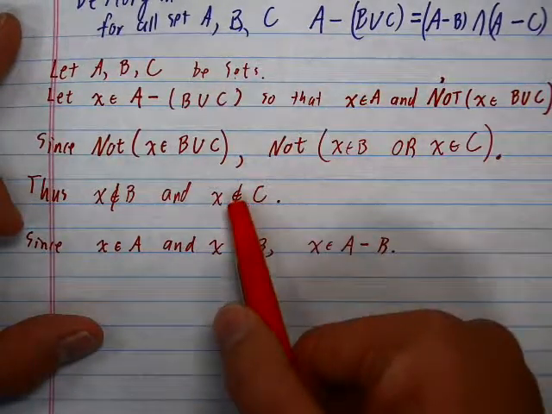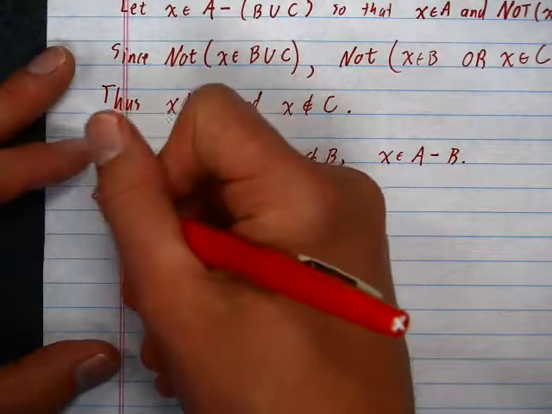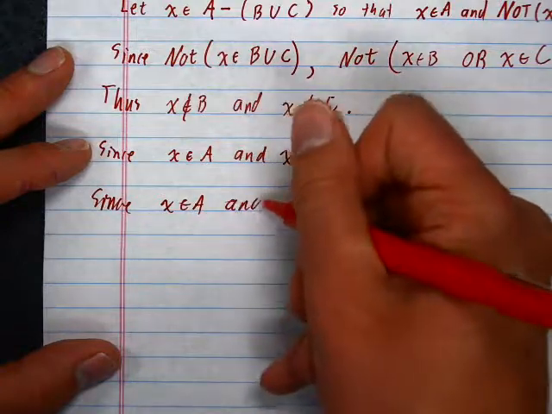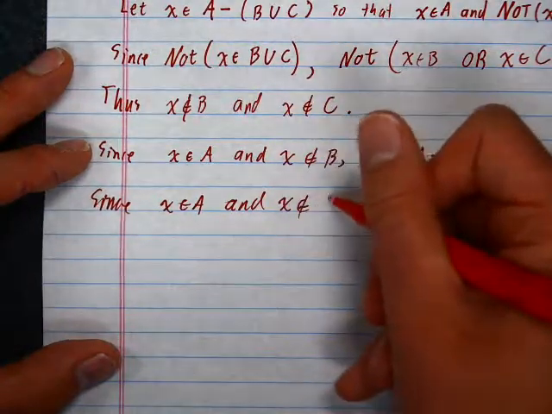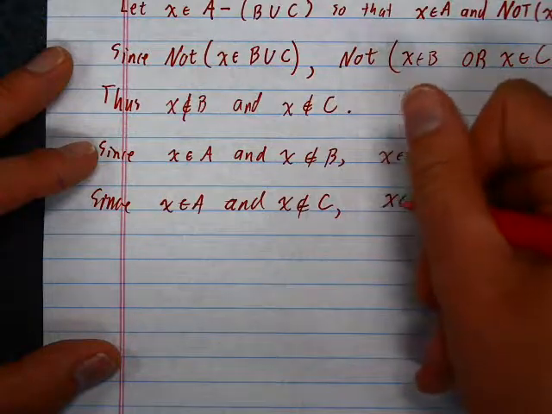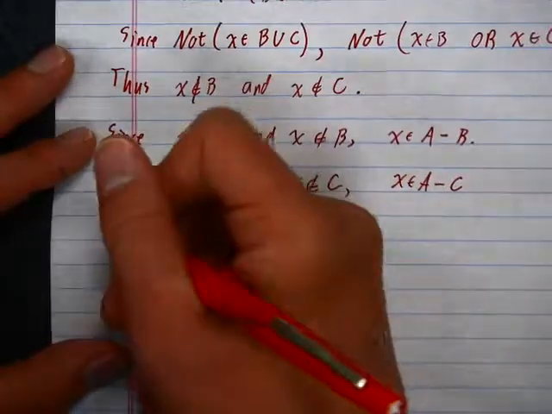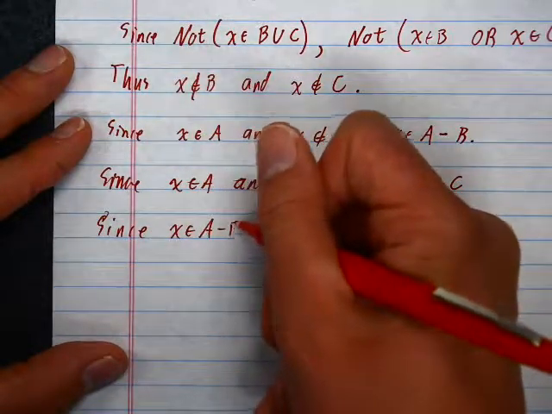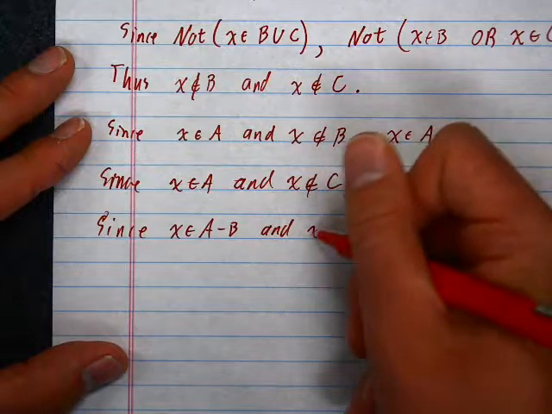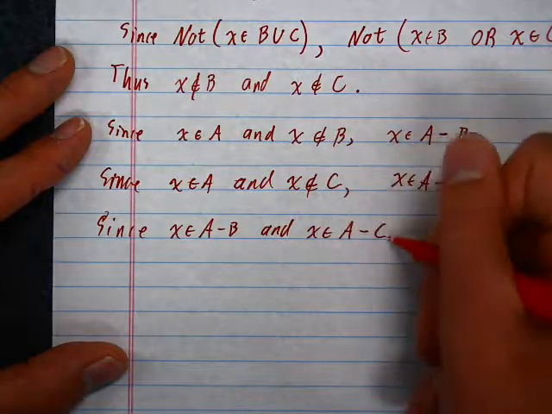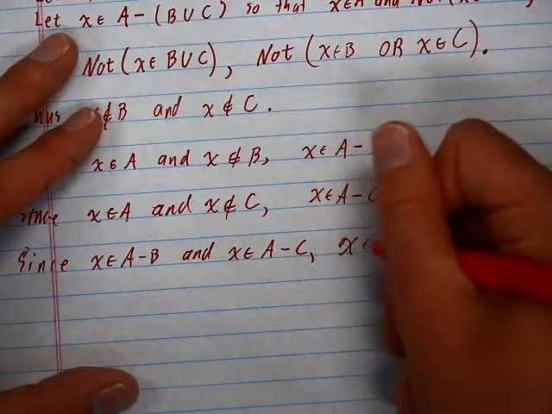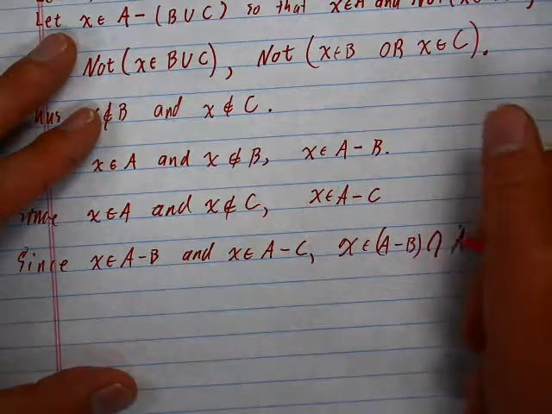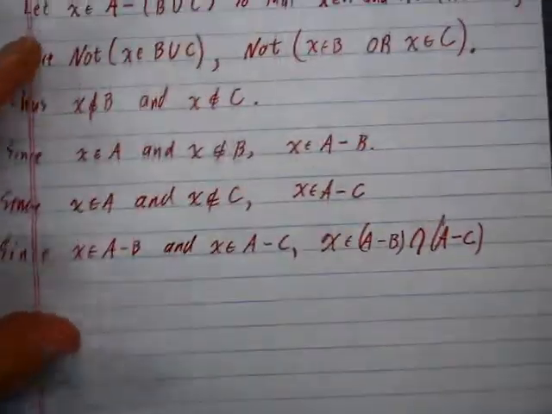X is in A, x is not in C. Since x is in A and x is not in C, it follows that x is in A minus C. Since x is in A minus B and x is in A minus C, it follows that x is in A minus B intersect A minus C, which is exactly what we needed, right?